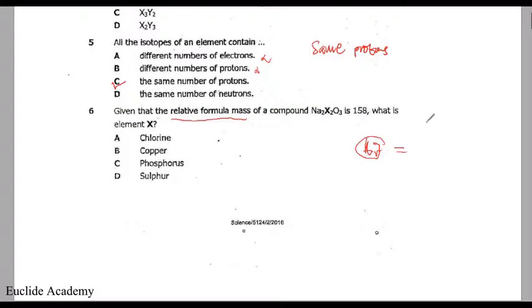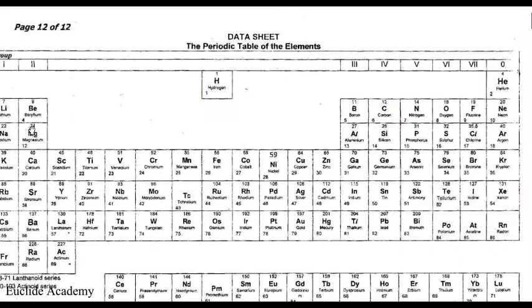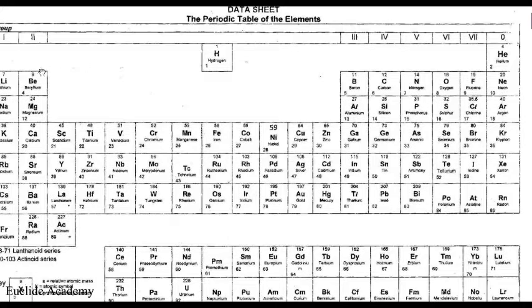So let's check the periodic table for sodium. We need to find first what is the relative atomic mass for sodium, and we come here and look where sodium is, that's our periodic table. Checking where sodium is, it's exactly here.